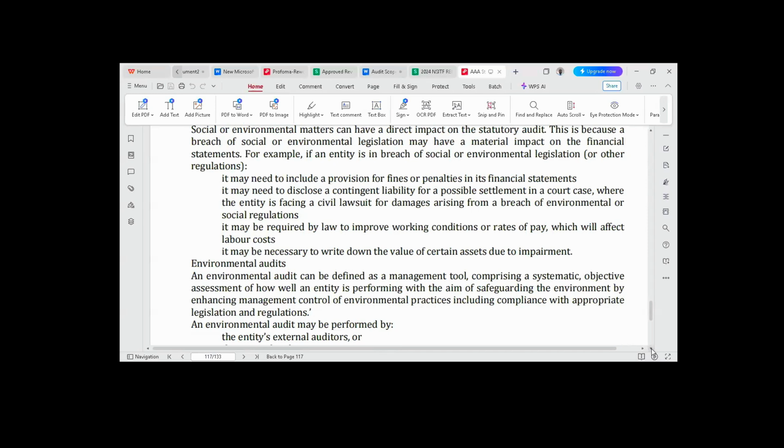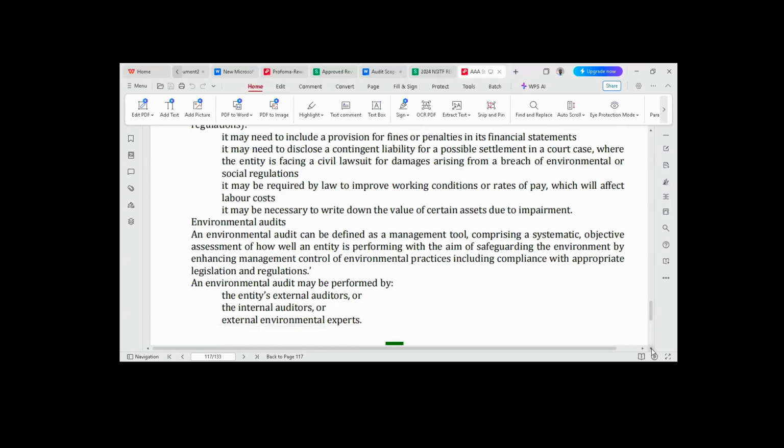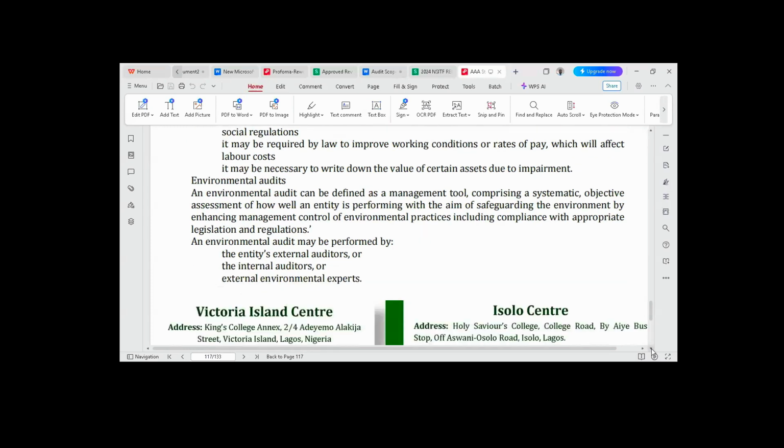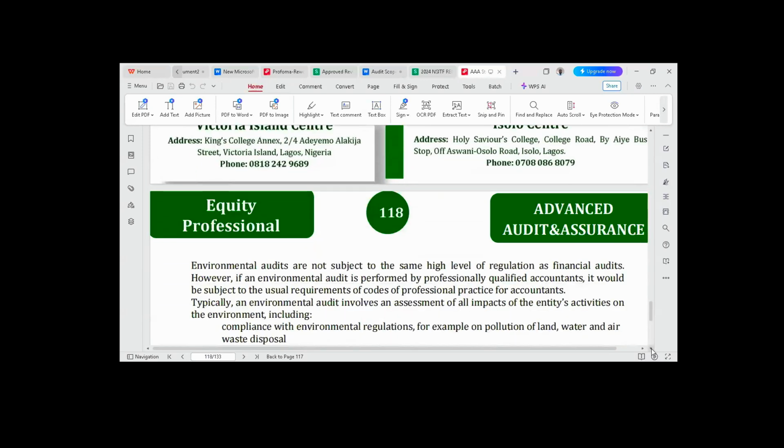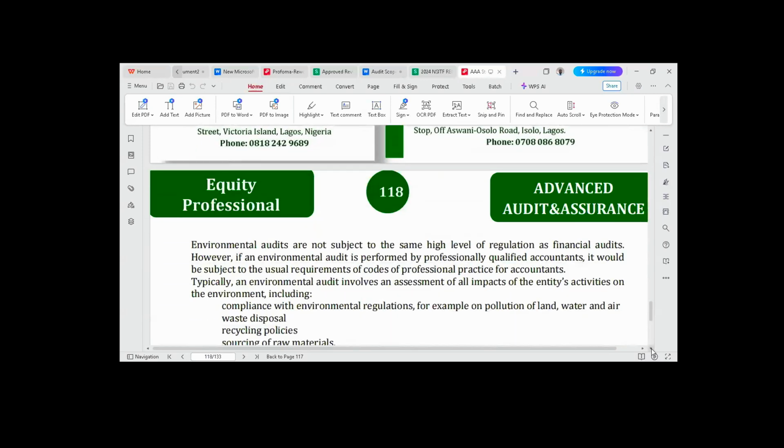Okay? We must be able to protect the environment such that their activities do not affect the inhabitants of their host community. So they should be able to do what?